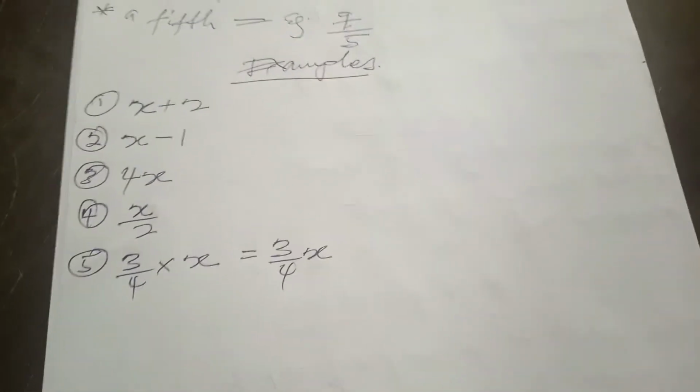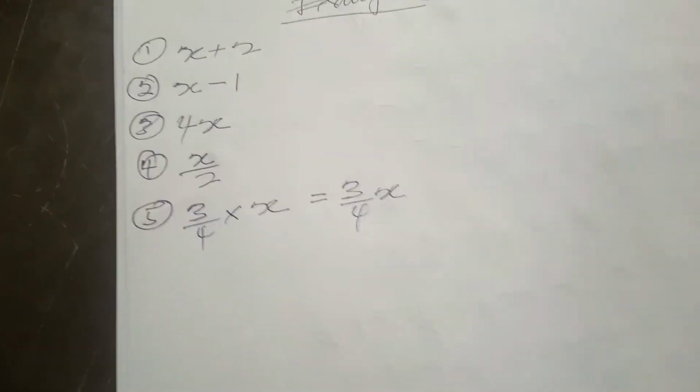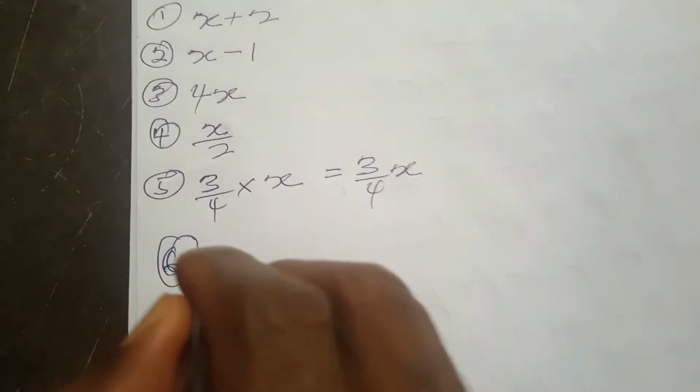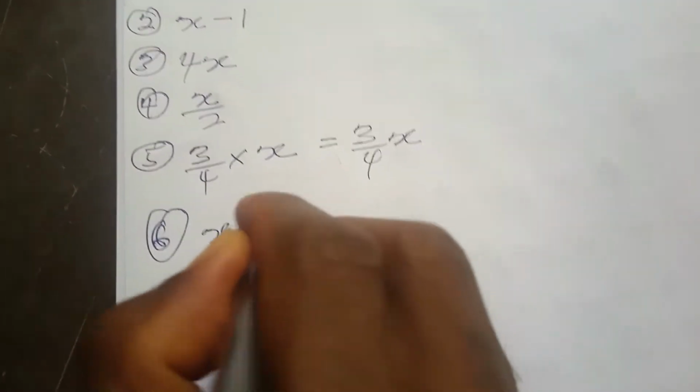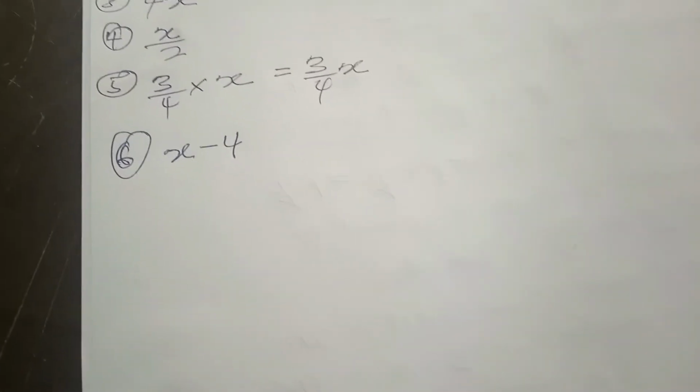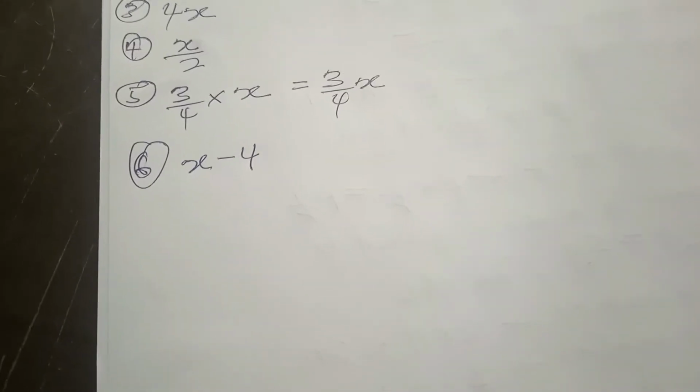Then 4 less than x. What will you have for that one? I'm sure it gave you x minus 4. Good. If you got that one, fine. If you didn't get it, it only means that you should go back and check how we started it.